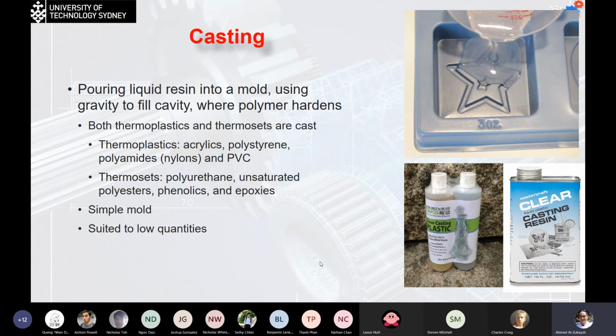In this case, we can use either thermoplastics or thermosets. Thermoplastics, for example, are acrylic and PVC. Thermosets can be unsaturated polyesters and epoxies. Usually the shape of the mold is going to be simple, unless you plan to destroy it after you fill it.